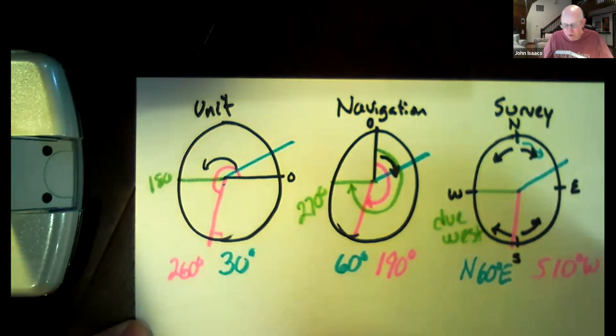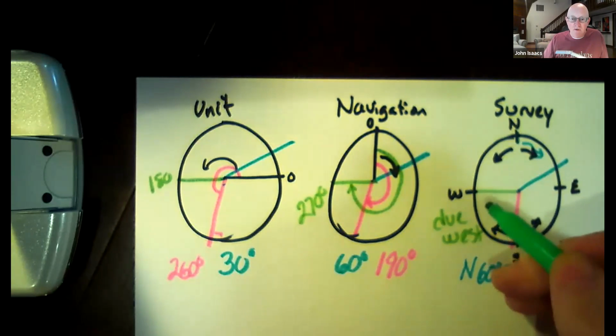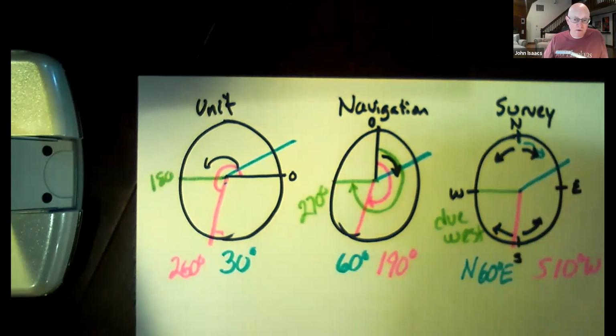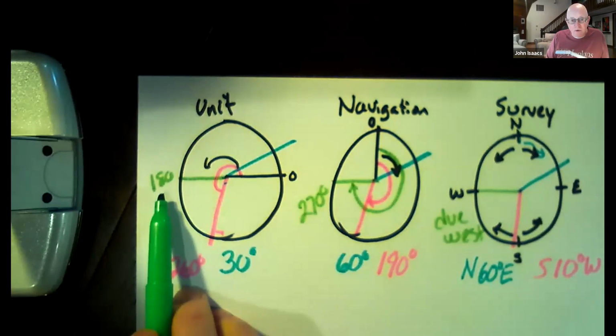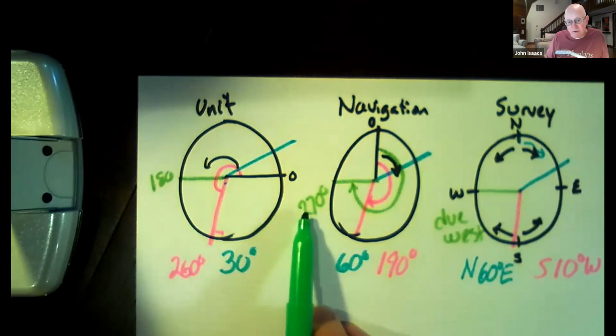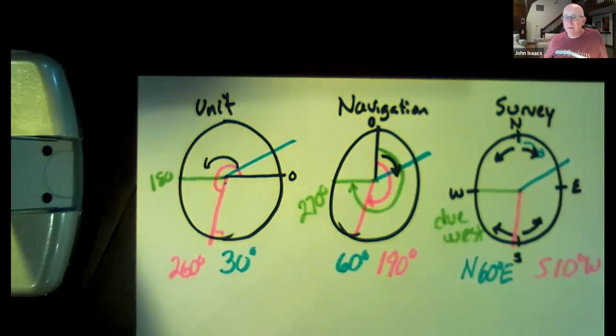You're not ever going to use north 90 degrees west or south 90 degrees west, because that would be redundant. They're the same thing. You're just going to say due west. So 180 degrees on the unit circle is 270 on the nav circle, is due west on the survey circle.